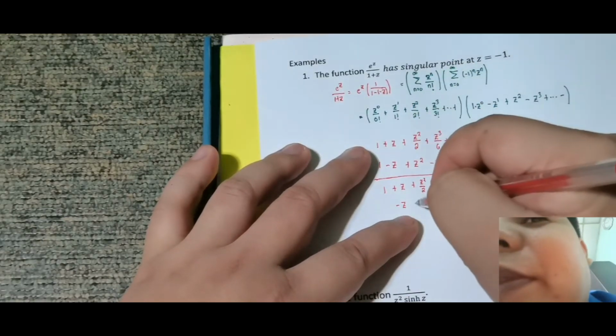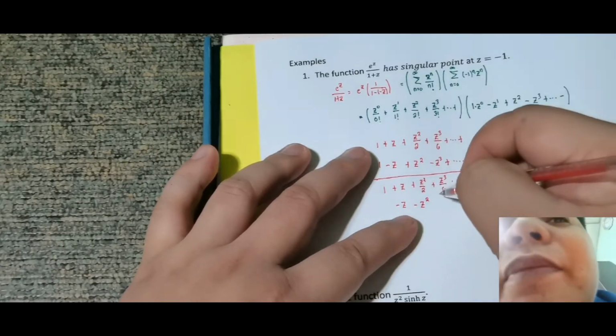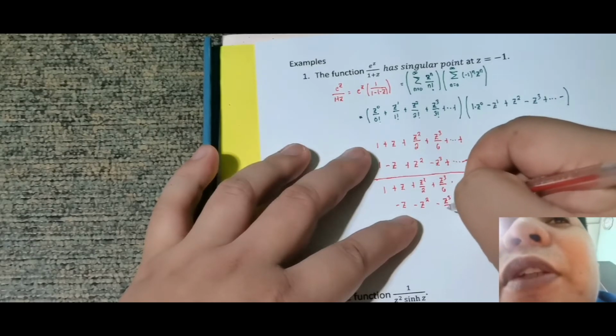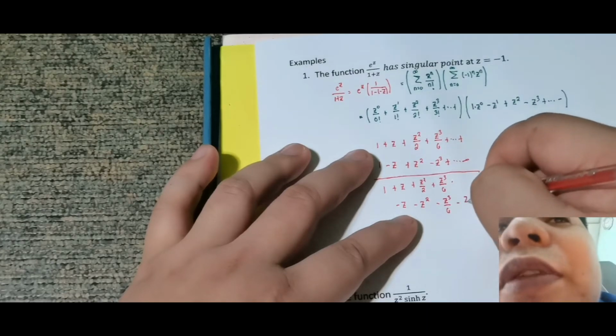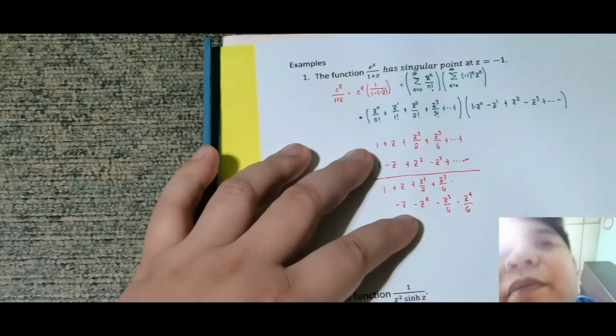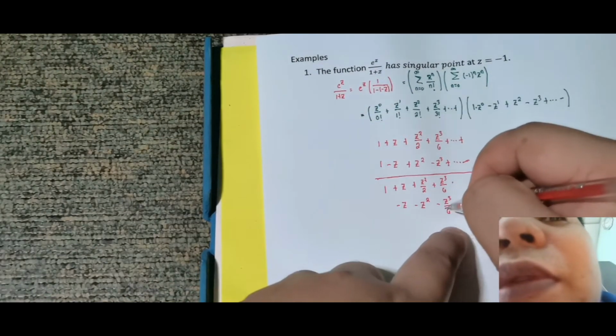This is negative z squared. Negative z cubed over 6. Then sunod is negative z to the fourth over 6.